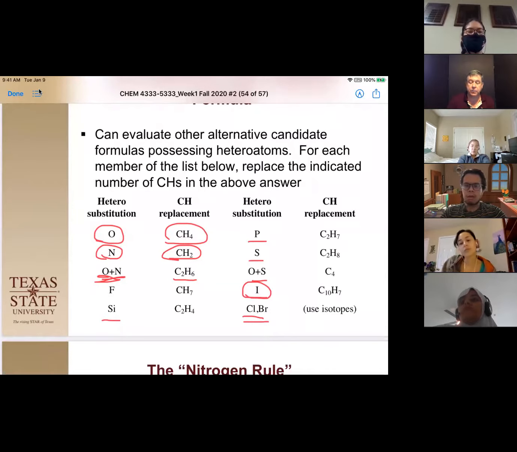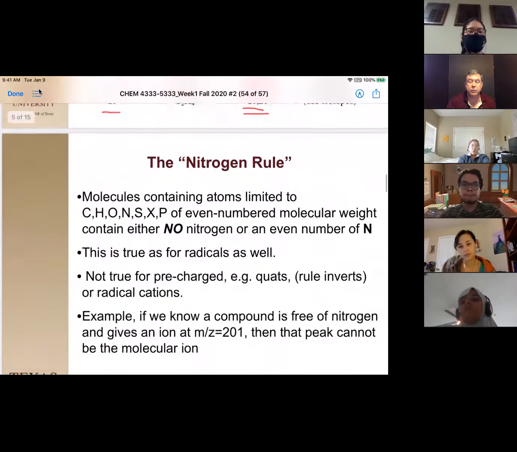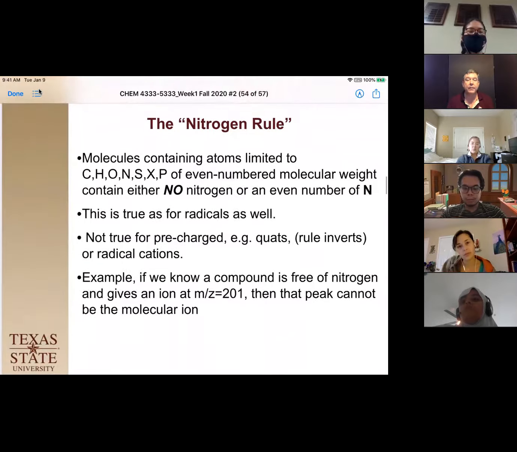Another rule that helps us with this empirical formula is what we call the nitrogen rule. Now this works in compounds that have carbon, hydrogen, oxygen, nitrogen, sulfur, halogens, and phosphorus, okay? Once you get up to some other elements, this rule doesn't really apply. But what is interestingly true, about 80% of the time, is that if you have 1 nitrogen in your compound, or an odd number of nitrogens, you're going to end up with an odd numbered peak.